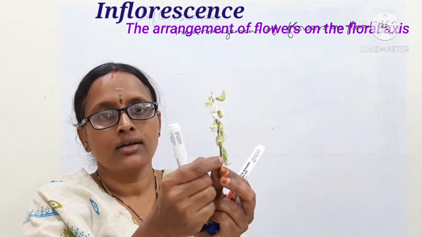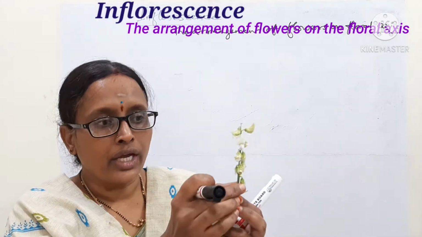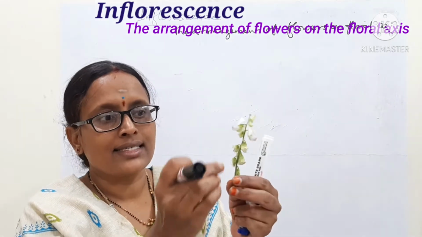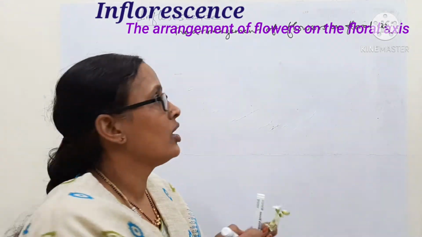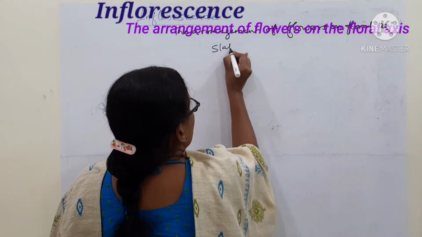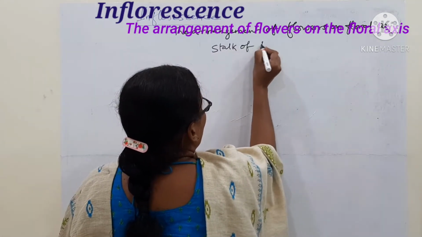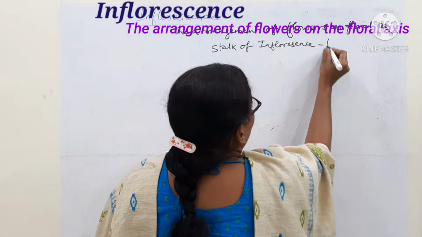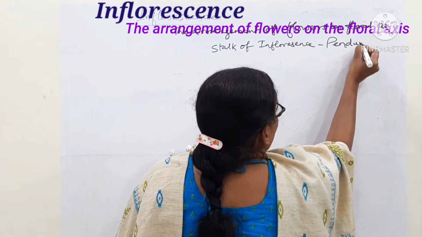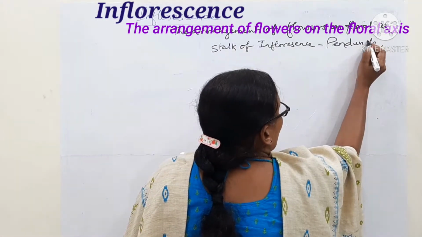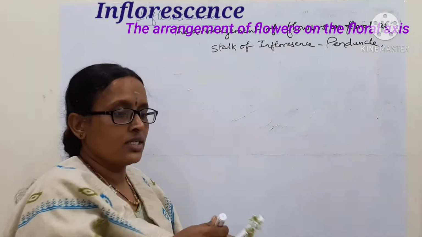Where the flowers are arranged, this axis or stalk is called the peduncle. The stalk of the inflorescence is called the peduncle.